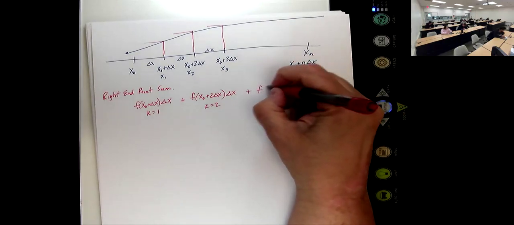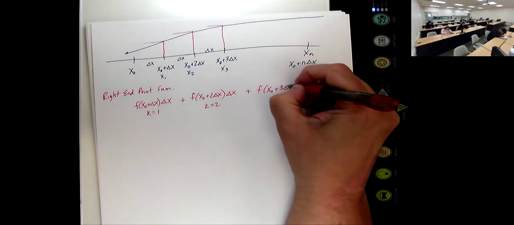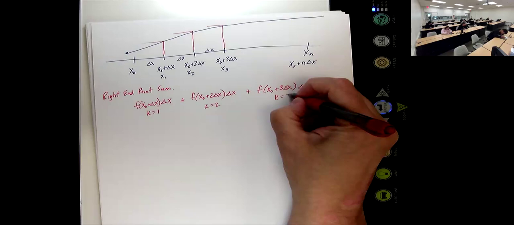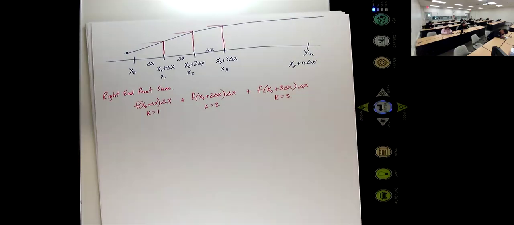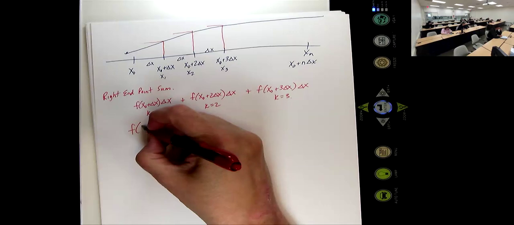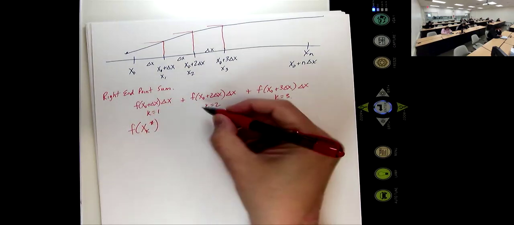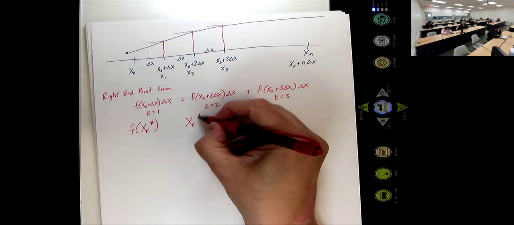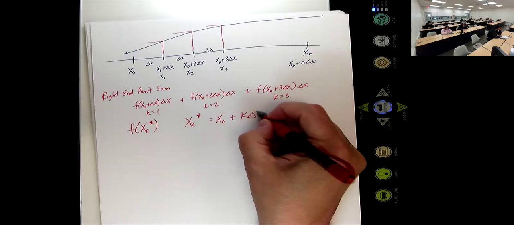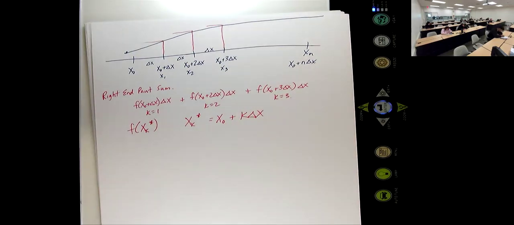And the next one, f of x naught plus 3 delta x, times delta x. That's k equals 3. It looks like I can call it f of x sub k star, where x sub k star is x naught plus k delta x.